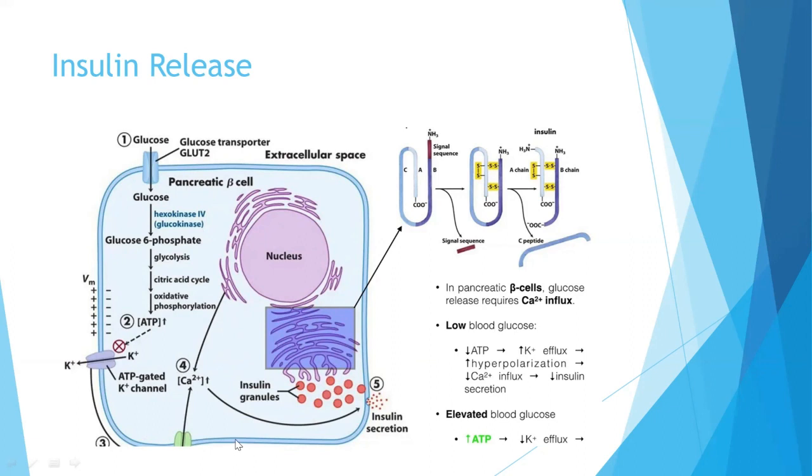If there is decreased calcium influx, then there will be decreased insulin secretion. In case of elevated blood glucose, there is increased ATP and decreased potassium efflux, and that will lead to increased levels of insulin. That is how the blood sugar level is maintained. Initially, even patients who are heading toward diabetes mellitus will have normoglycemia because of this mechanism.